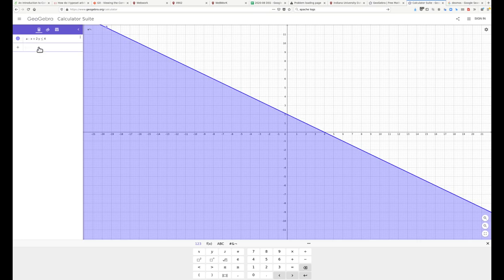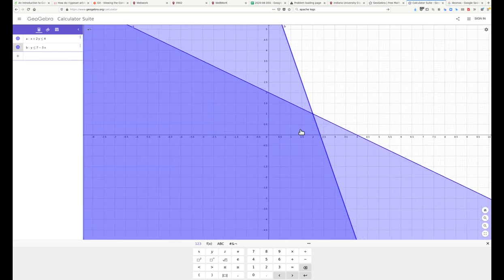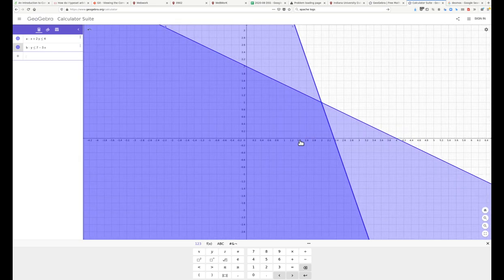And another one would be, what was the second one? Y is less than or equal to 7 minus 3x, right? Okay, so there you go. And if you want to expand it, you just use the scroll wheel to blow it up. And you'll notice that this is nice. In fact, we can even read off the corners, right? So this corner is at 1, 2, which is what we got earlier.